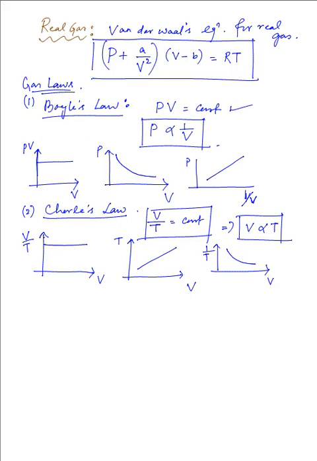Now, as far as Charles's law is concerned, at absolute zero temperature, let's consider the volume to be equal to V naught, and at some other temperature we have the volume equal to V. So we can relate them as V/V0 = T/T0.